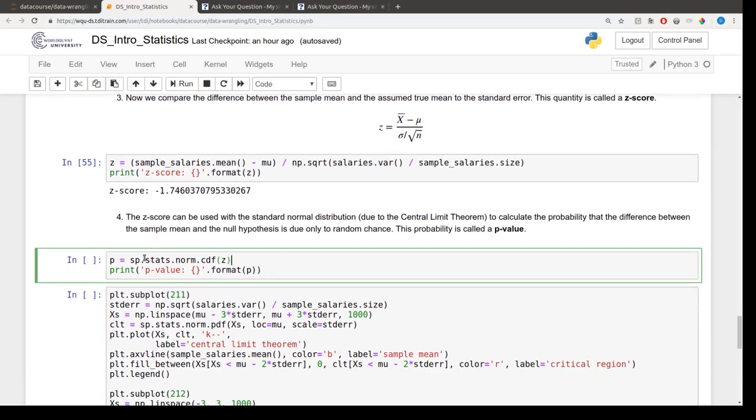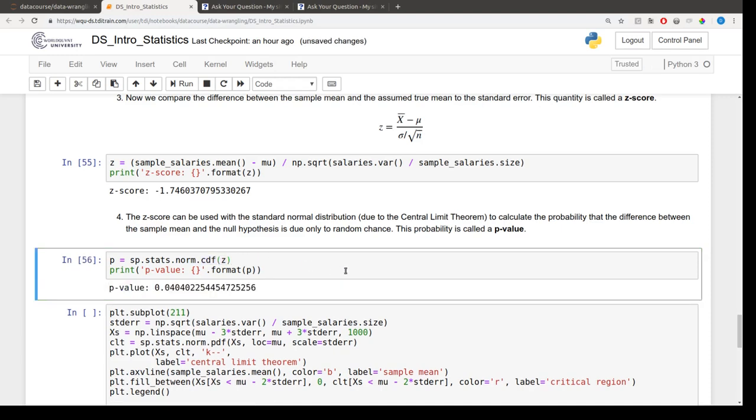So in code, we take a standard normal distribution, and our probability is simply going to be the cumulative distribution function for our z-score. So we get a p-value of 0.04.